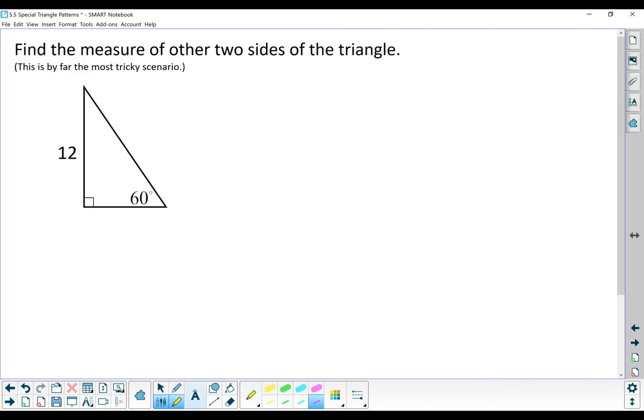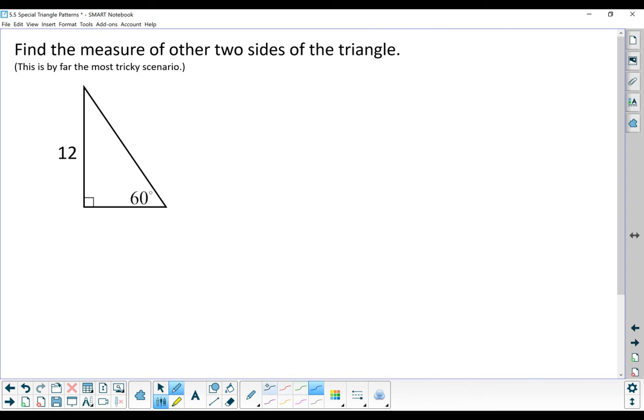Okay, this is by far one of the most complicated situations for a 30, 60, 90. I have the long leg and it's 12. I don't want to divide by 2. This relationship here is the doubled relationship. The long leg is a root 3 relationship.